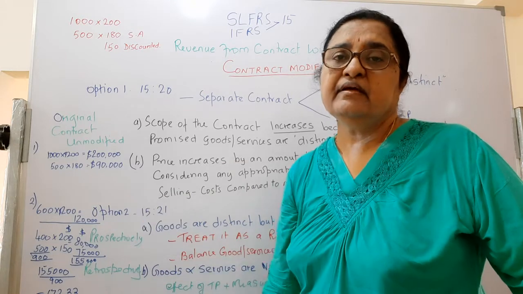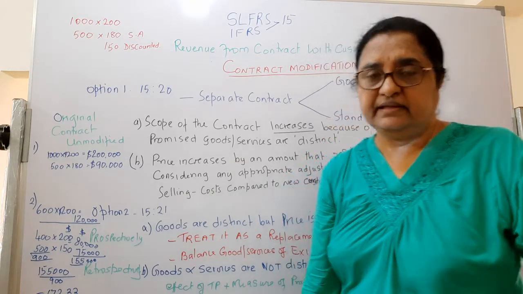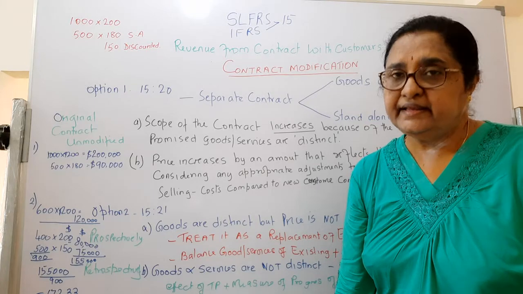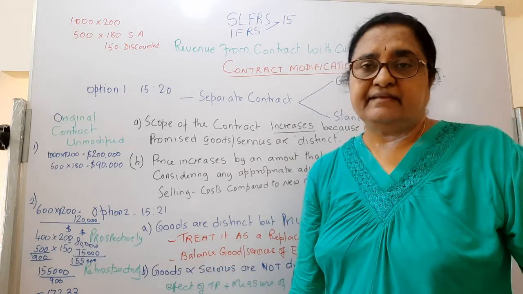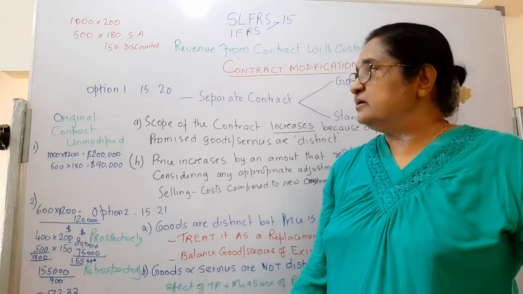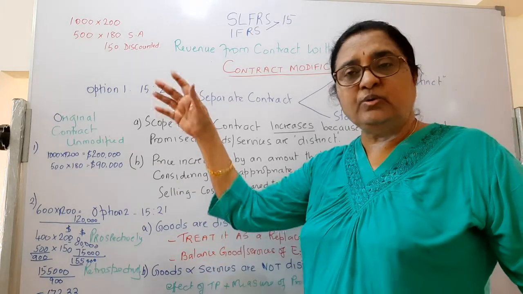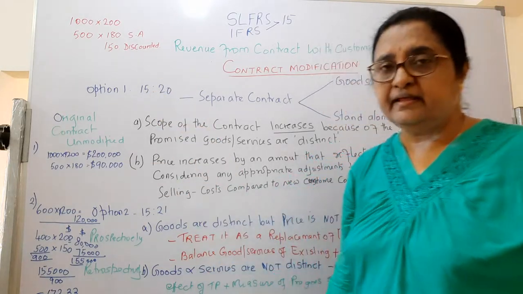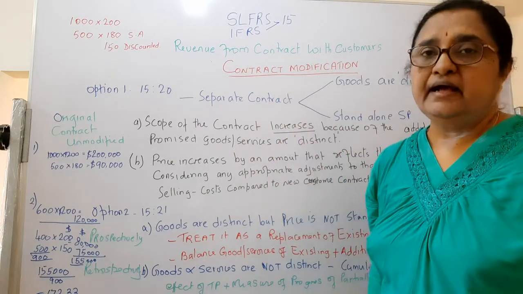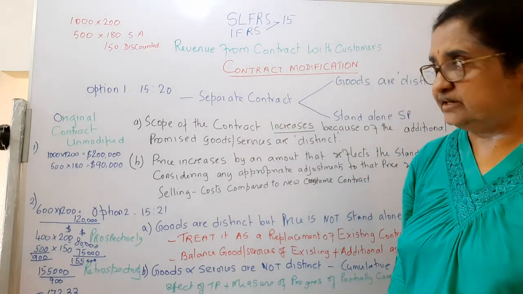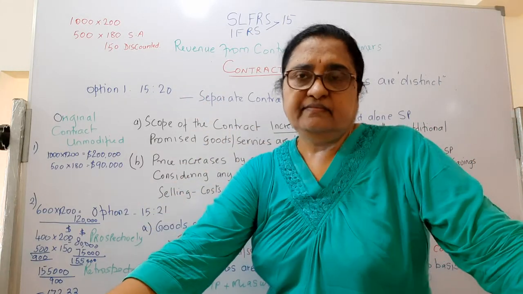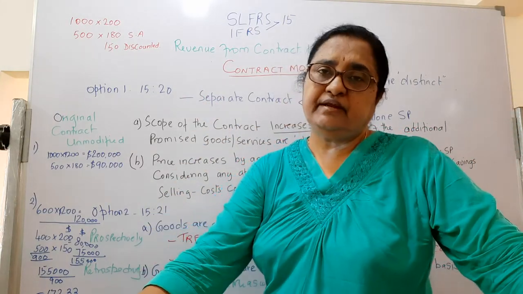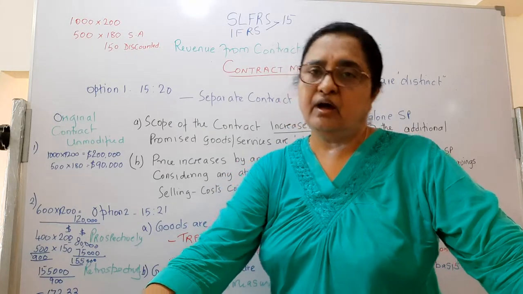At the time the standalone selling price or fair value has come down to 180, and the customer is asking for a discount at price 150. So in these circumstances, how will the accounting treatment be according to the standard IFRS or SLFRS 15? There are two paras related to this, 15.20 and 15.21. So we will see how it will be treated.